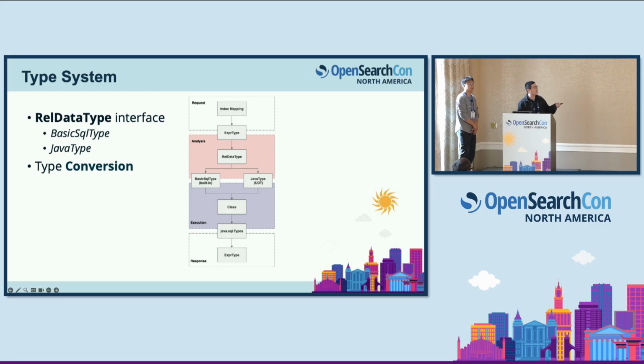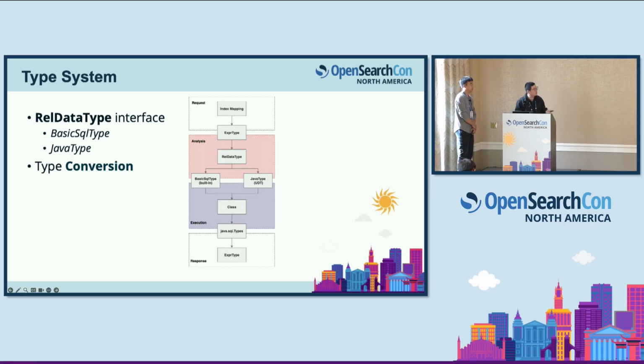In the RelDataType, there are also two kinds of types. One is the basic SQL type, another is the Java type. As you see, primitive types such as integer and long use the basic SQL type, but user-defined types such as IP address or geo point will use the Java type.